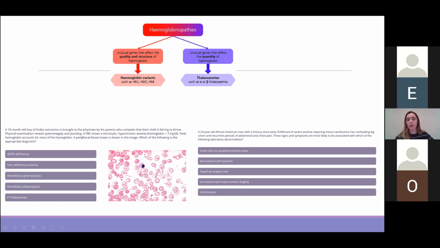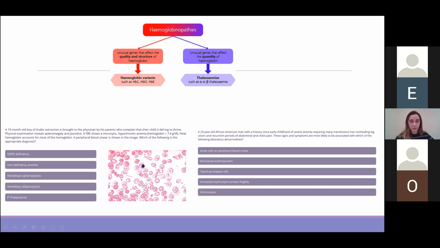So already you're probably thinking, oh, there's been some breakdown of red blood cells causing the jaundice. We've got a microcytic hypochromic anemia, and fetal hemoglobin accounts for most of the hemoglobin. So this is where you're thinking back to the different types, and you really should have switched by now to your adult hemoglobin. So there's obviously a problem going on.